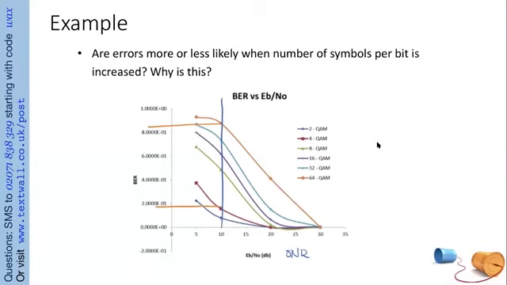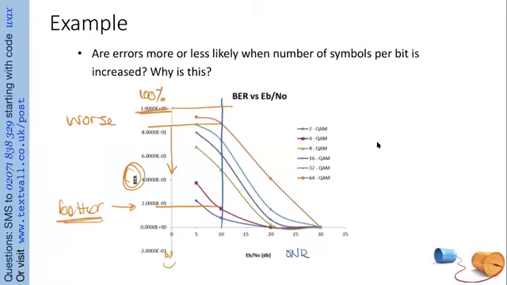Which is better? So clearly, this is better and this is worse. Why? Because this is bit error rate. Okay, so that's 1. So 1 means that you have 100% error. Everything you receive arrives in error. So as you go down this axis, it's better.